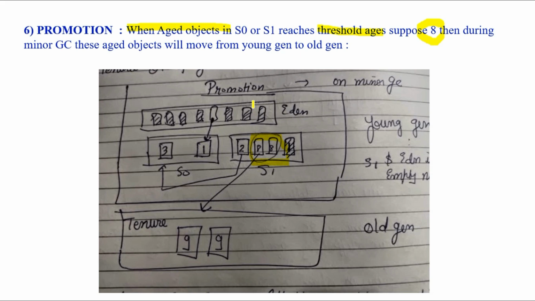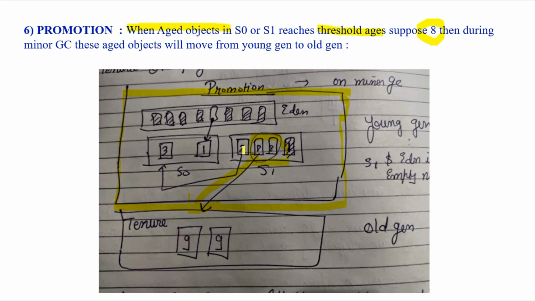Hence, the object is now moved from S1, the survivor space, to tenured or the old generation in the minor garbage collection process. So minor garbage collection always happens in Eden space. Whenever an object reaches a particular threshold, then rather than moving into the next survivor space, it is moved to the next generation, the old generation, and now your S1 will be empty.